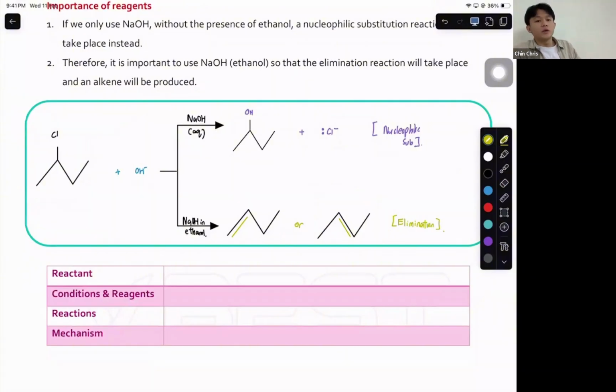We will either have an elimination reaction or a substitution reaction, depending very much on the condition. Okay, please write it down.